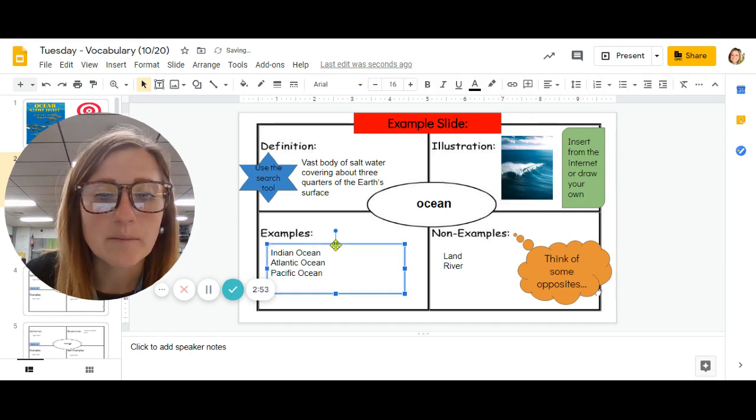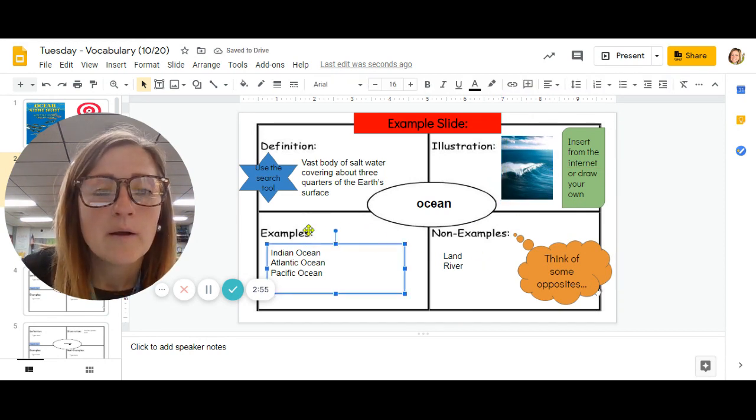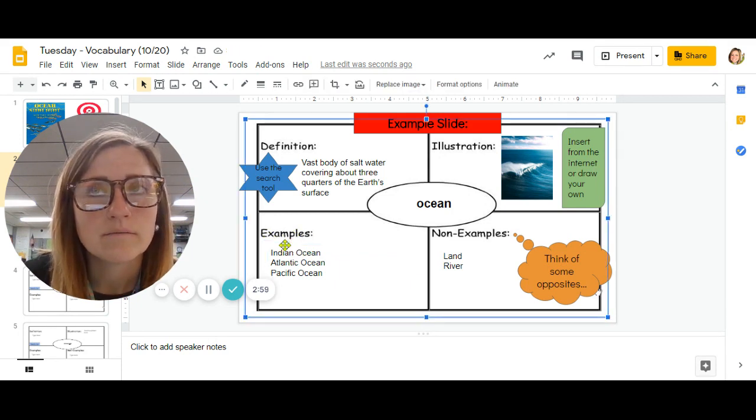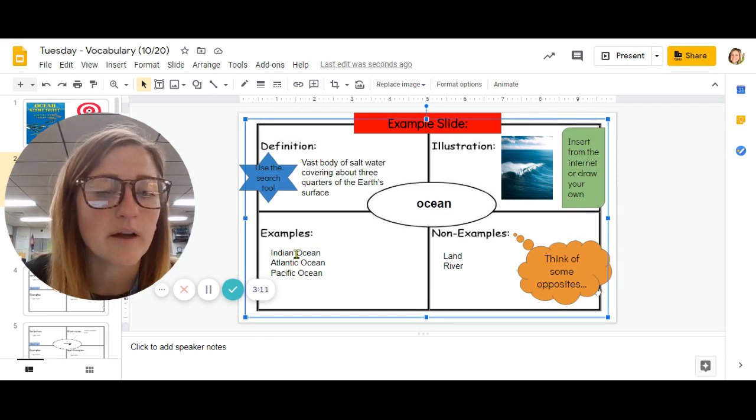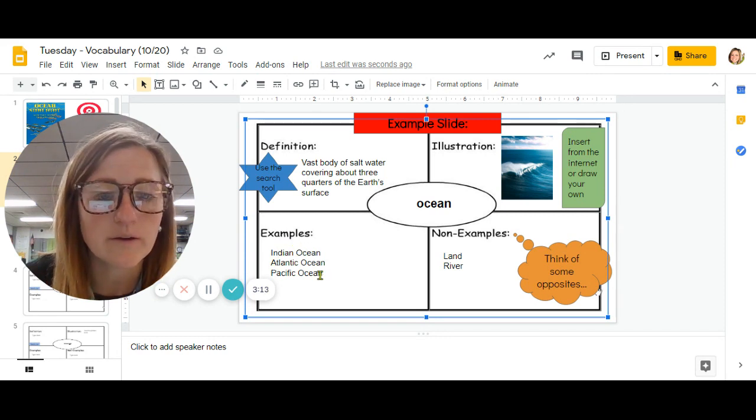Then you have these examples and non-examples. Examples are things that are that word or fit in that category. So for example, an ocean in our world, there are many, and I typed a couple: the Indian Ocean, the Atlantic Ocean, the Pacific Ocean. Those were examples that I came up with for the word ocean.